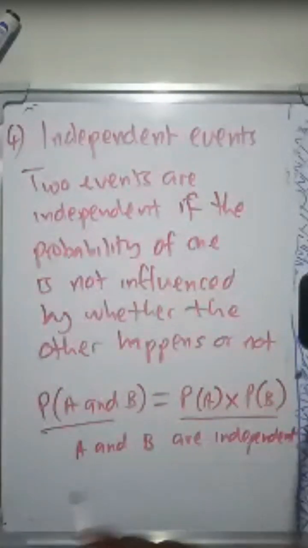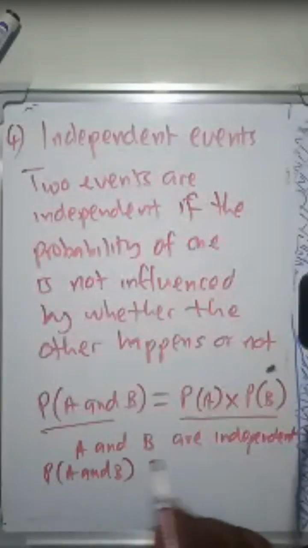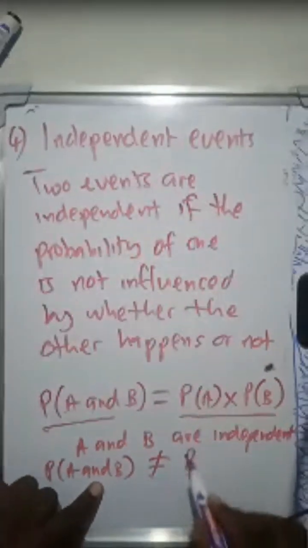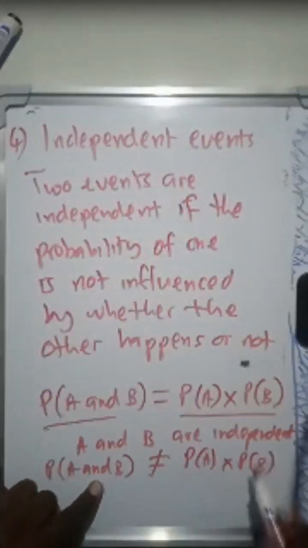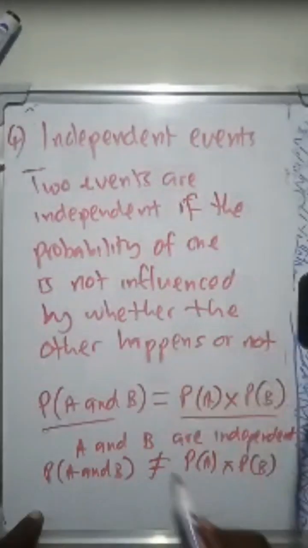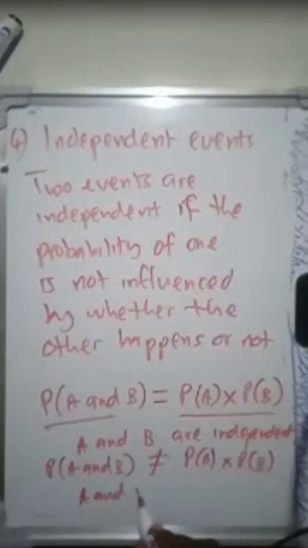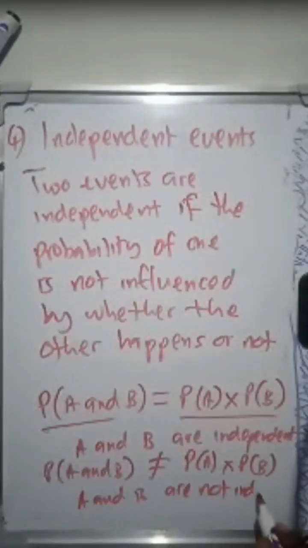If it happens that the probability of A and B is not equal to, let's say you have calculated this one, you got it, then you multiply the probability of A times the probability of B, and you get a different answer, then if they are not equal, A and B are not independent. We don't say they are dependent. We say they are not independent.